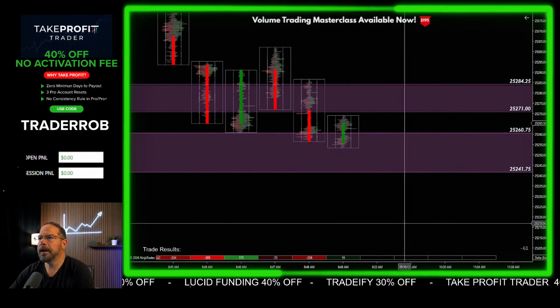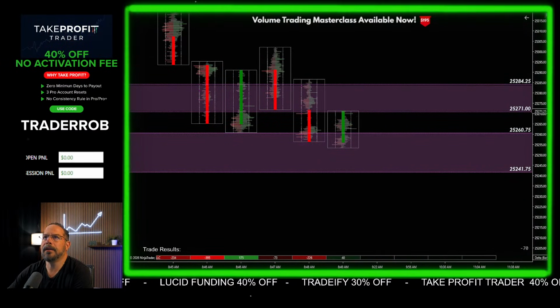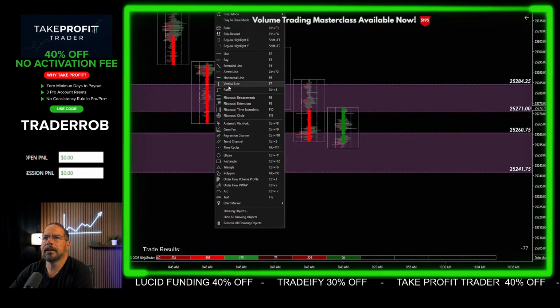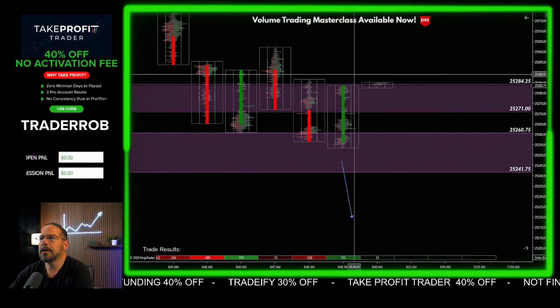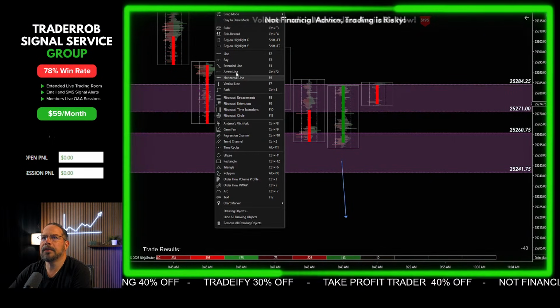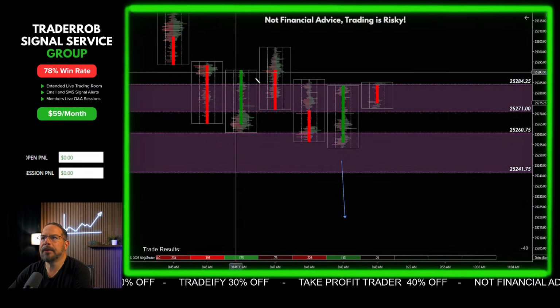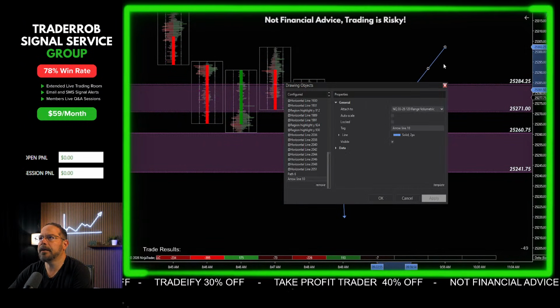Again, here the only thing I would be looking for would be either a continuation to the downside, or if I get a continuation to the upside, I would want to see it coming out of this band right here.